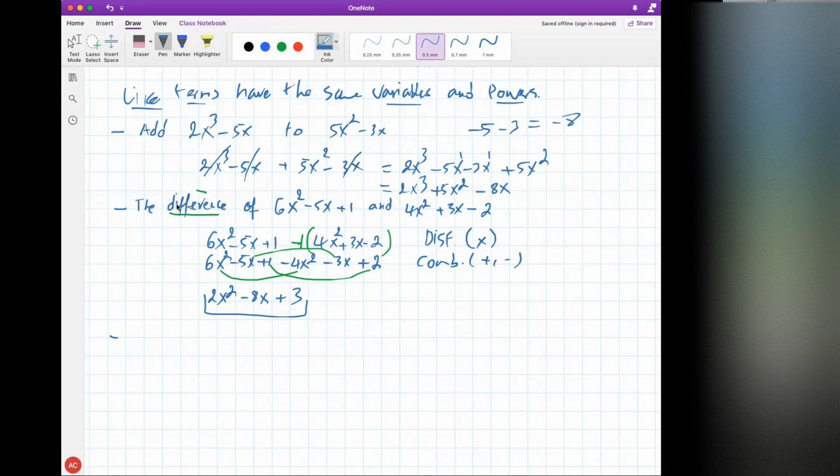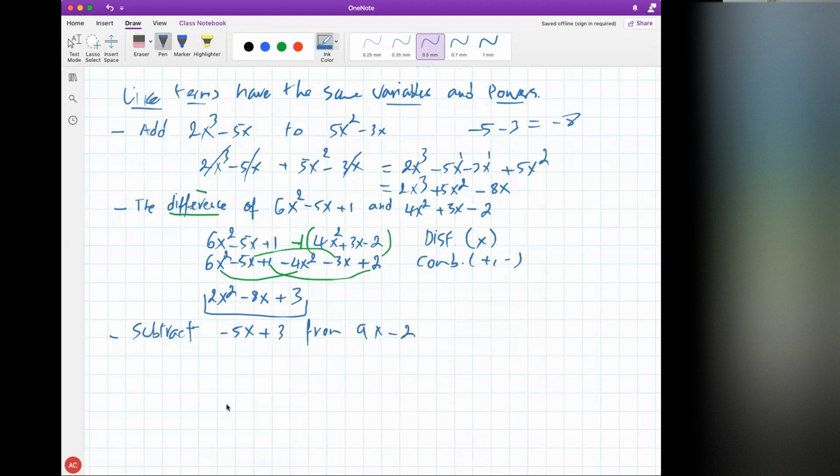What's happening is whenever you see the difference of two things, you do the first thing minus the second thing. If another word is used for difference, it may change the order. This may have to go first, depending on what word is used. For difference, keep the same order. If it says something like subtract 3 from 9x minus 2.